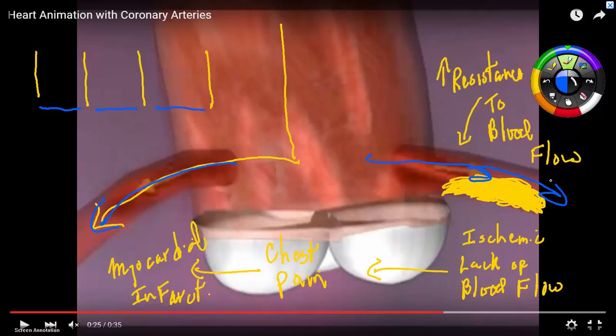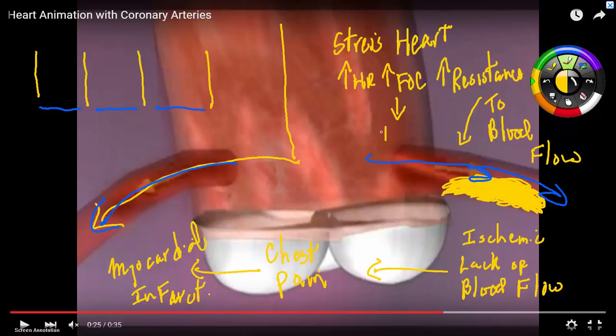Well, what do they do? They stress your heart. So when they stress your heart by giving you a stress test, what happens? You get an increased heart rate and an increased force of contraction of the heart, right?